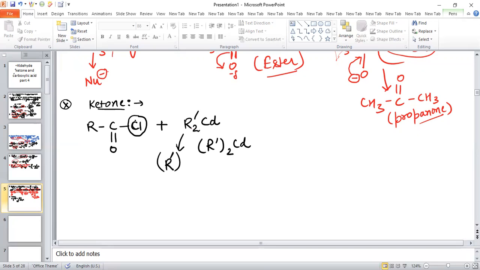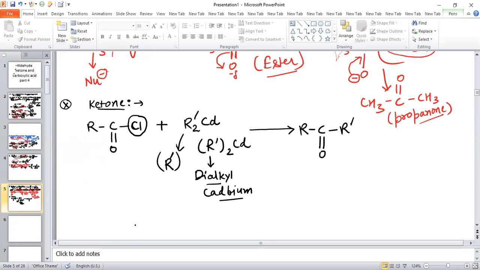The name of this compound is dialkyl cadmium. So this R dash will replace this Cl and it will form R, C double bond O and R dash. So this is obtained as a product.